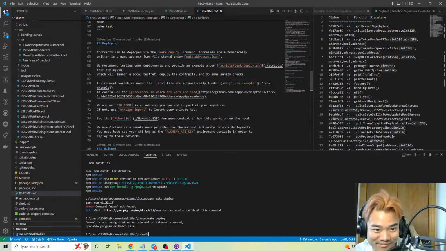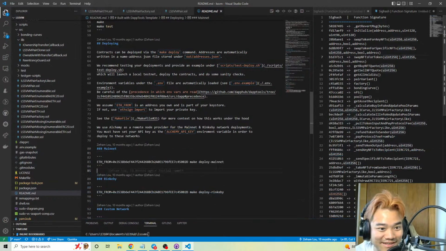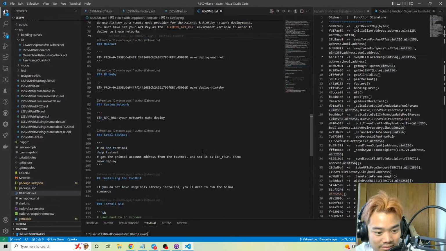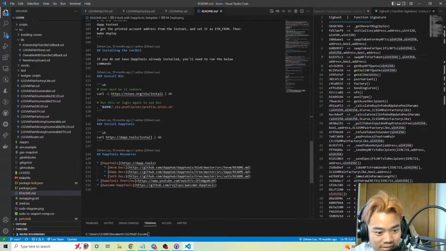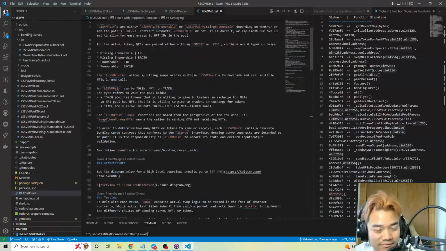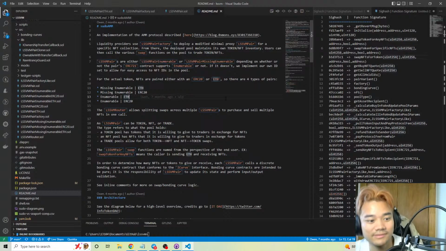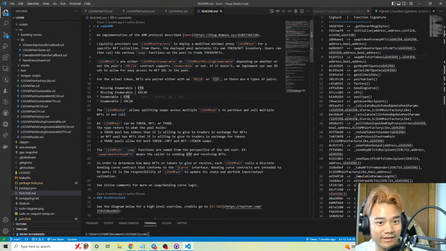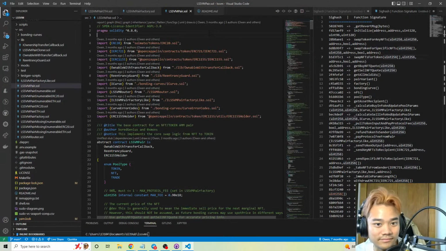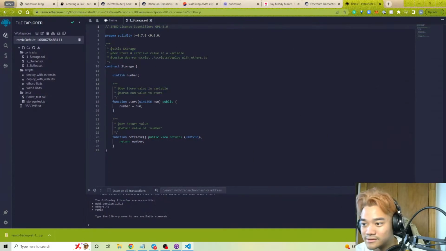Okay. I don't know what make deploy means, so that's not helpful here. Man, I don't want to put this into hard hat. I wonder why flatten doesn't work here.